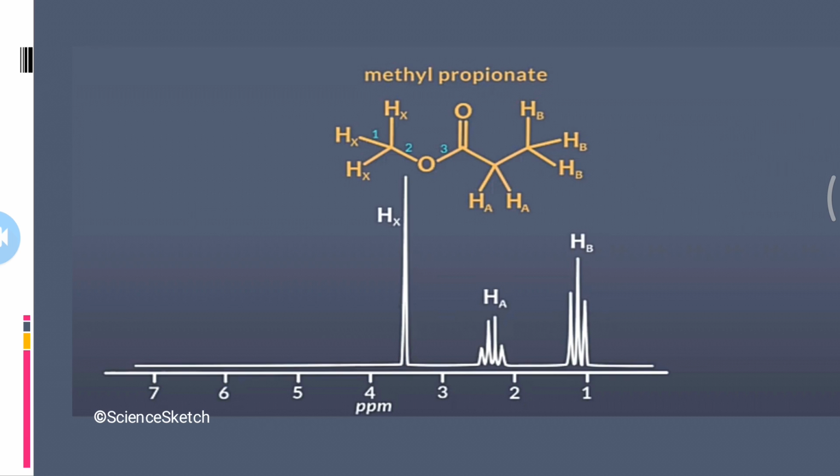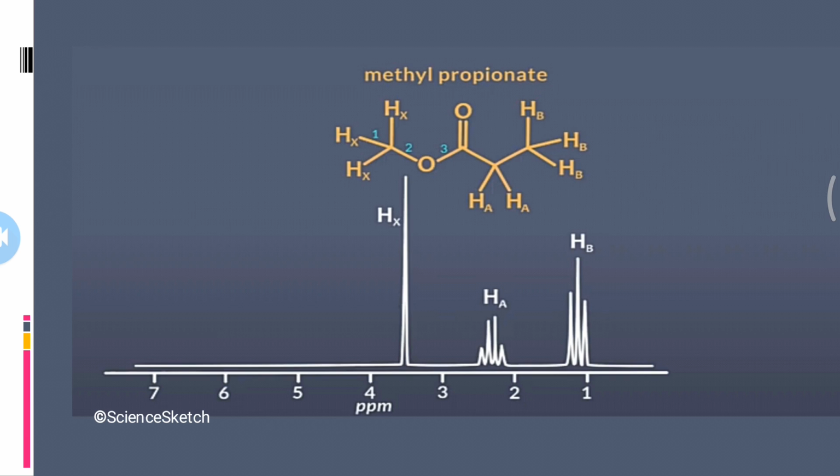Similarly, HB interacts with HA, the neighboring protons; there are two protons, so 2 plus 1 gives 3. HB interacts with HA and gives a triplet splitting pattern. Similarly, the X type of proton is attached to the oxygen heteroatom, so it does not split.